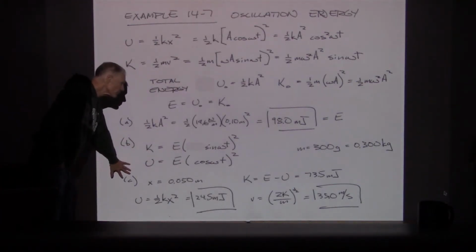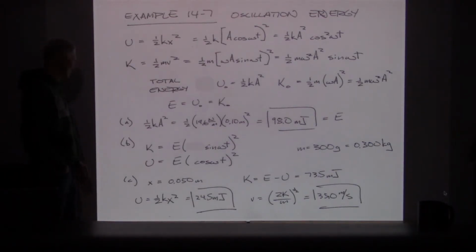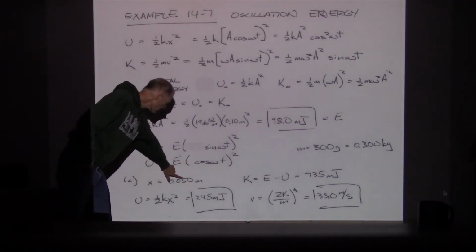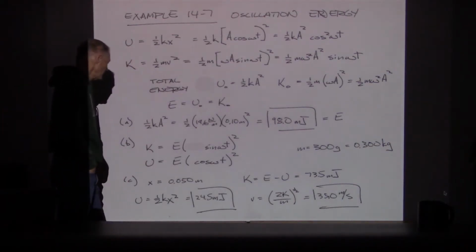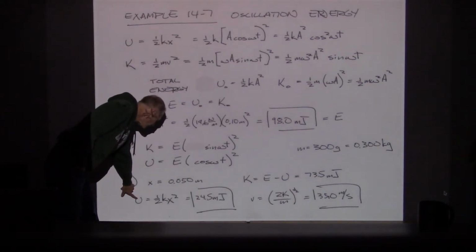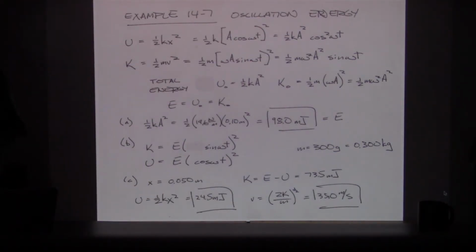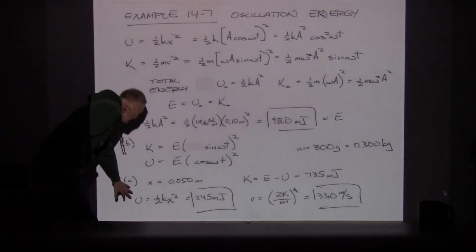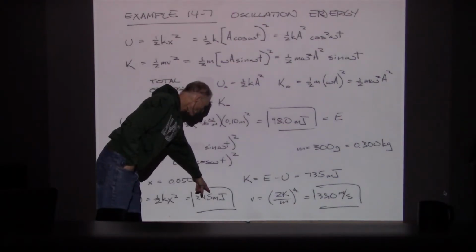Now, in part C, they're having us look at a time when x is equal to 0.05 meters. And so I put the numbers in. For the potential energy, 1/2 kx squared. When I know what the x value is, it's pretty easy to find the potential energy. It's not as easy to find the kinetic. So what I did was I calculated the potential energy, that's 24.5 millijoules.